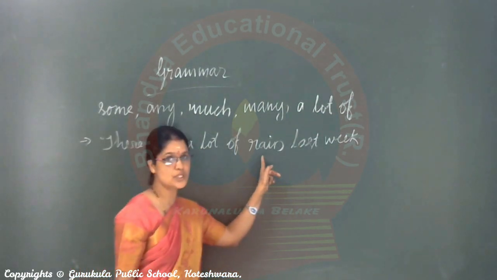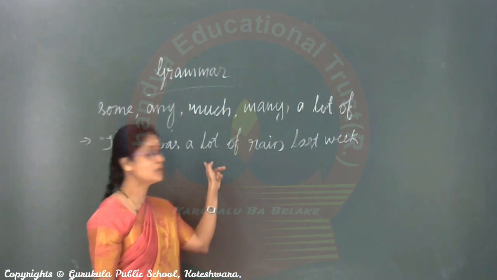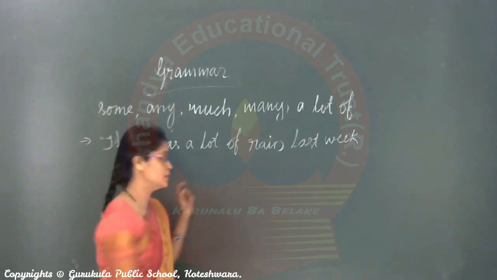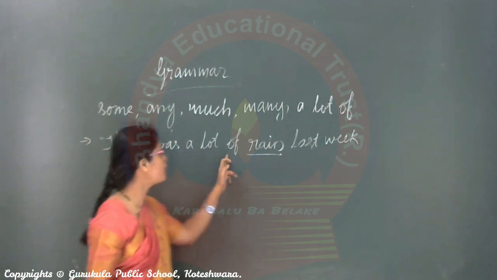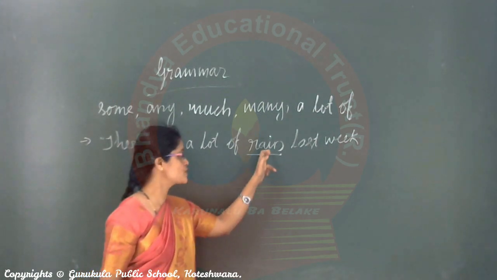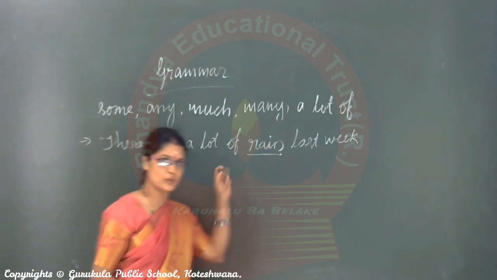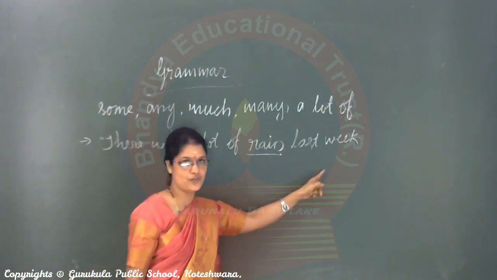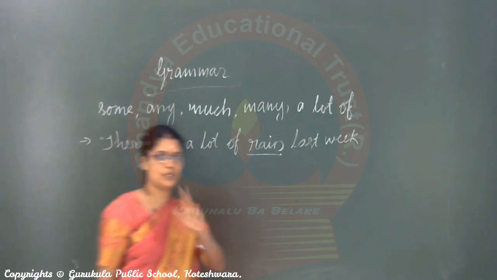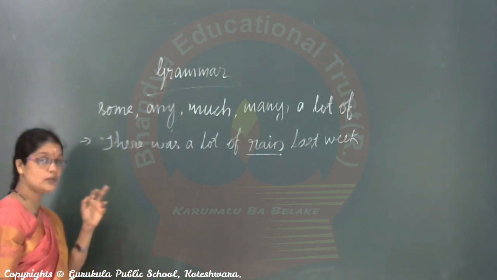I have used a lot of before an uncountable noun. Here rain is uncountable. We cannot count it. A lot of is used before an uncountable noun. There was a lot of rain last week. Understood? Yes. Next, one more word is there.